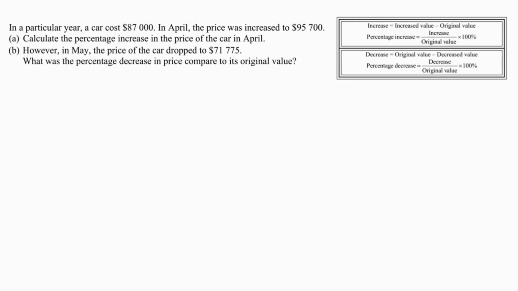Hello everyone, welcome to this video where we are given that in a particular year a car costs $87,000. So this will be my original value, which later on you would see we are comparing with quite a lot of times.